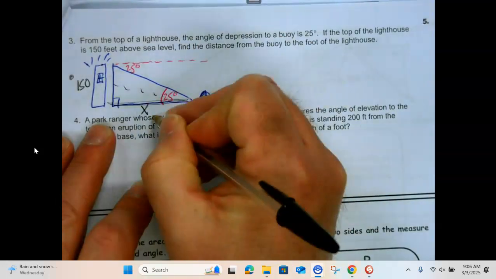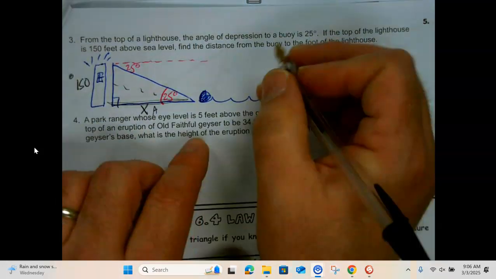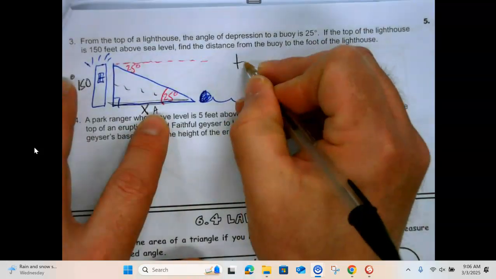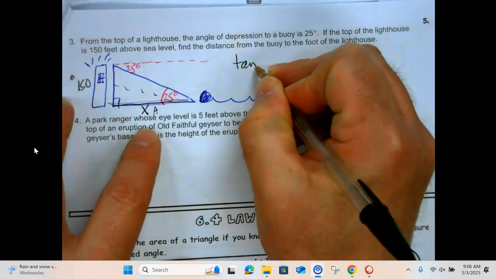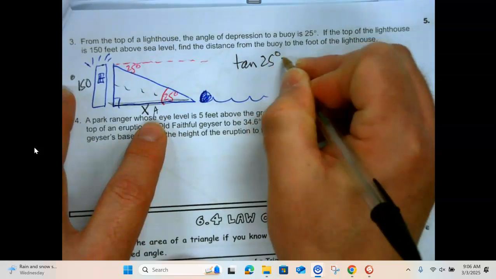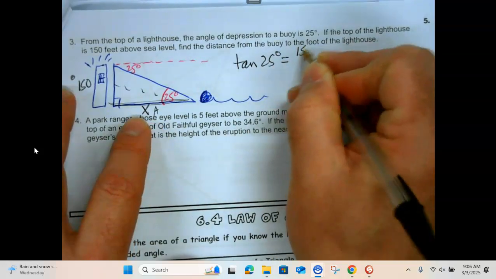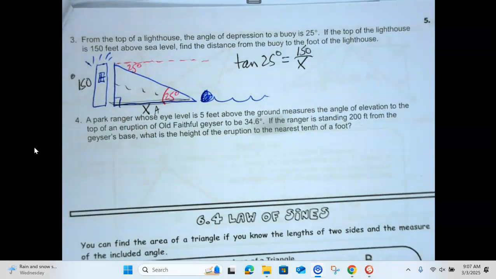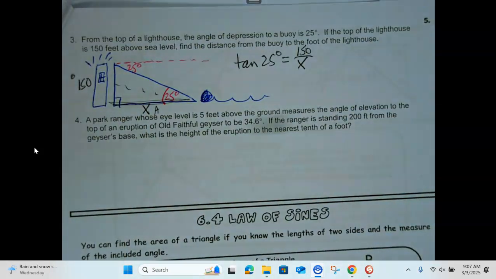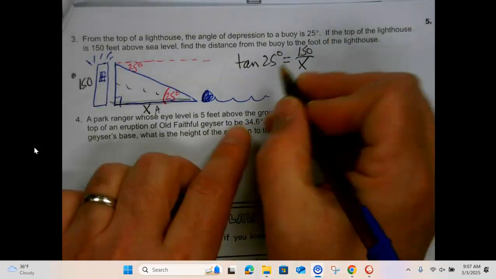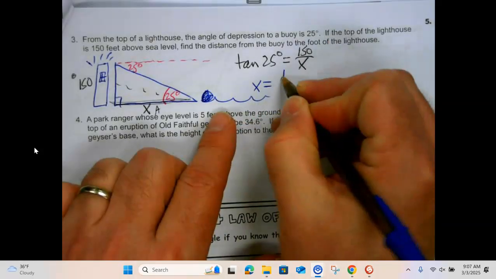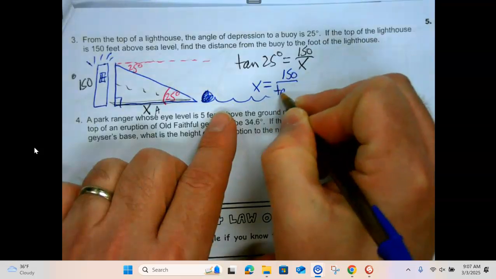We're attached here. There's my adjacent. Opposite and adjacent is tangent. And like we saw back on number 1, we're dividing by x, which means we're going to be dividing our side by our trig function.